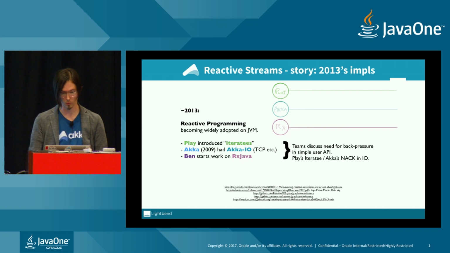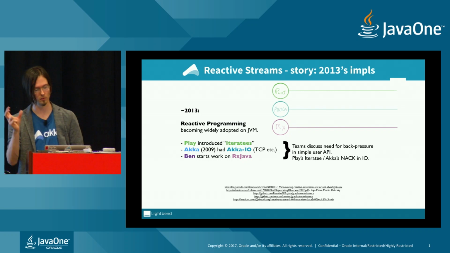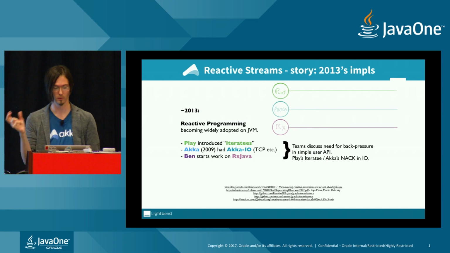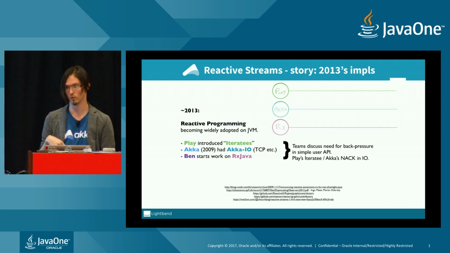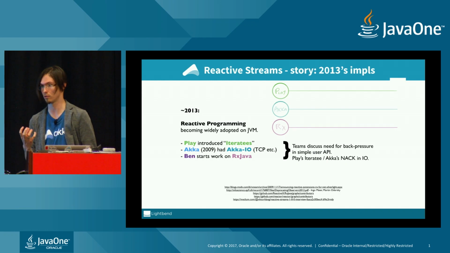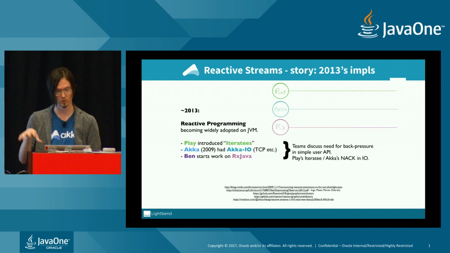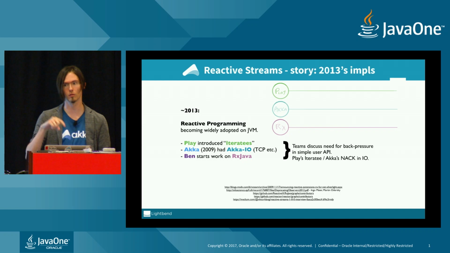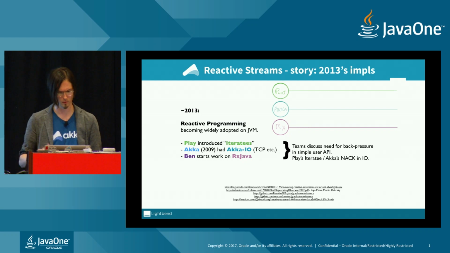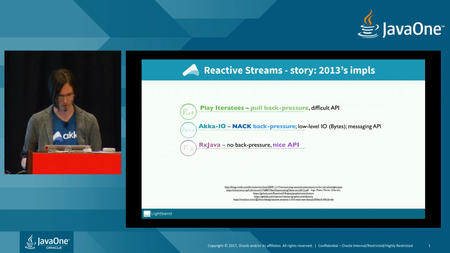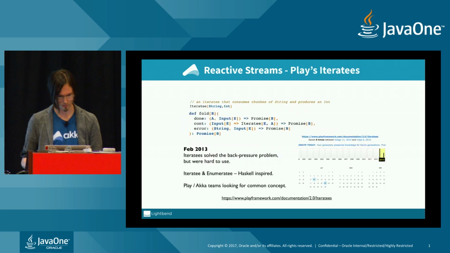We had a nice I/O layer, but none of these APIs were a nice API to work with. So what Ben Christensen brought to the table was, with RxJava, a nice API to work with, around which we built the concept of back pressure, which RxJava didn't initially have. Then they added it during this work together on it.